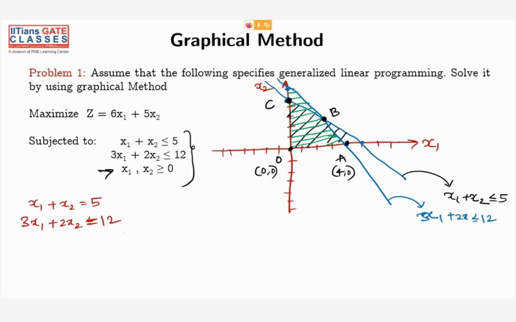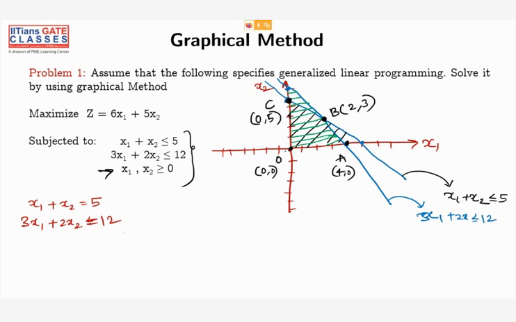B is the intersection between these two equations, which is x equal to 2, y equal to 3, so 2, 3. And C is 0, 5.